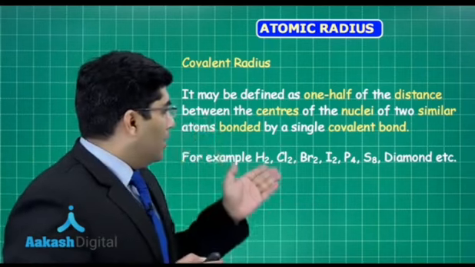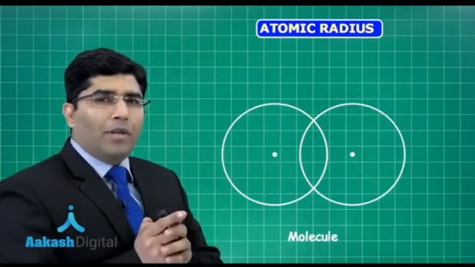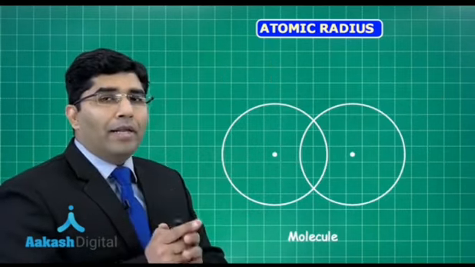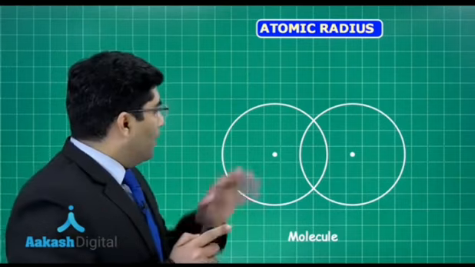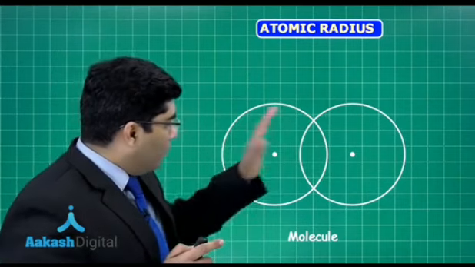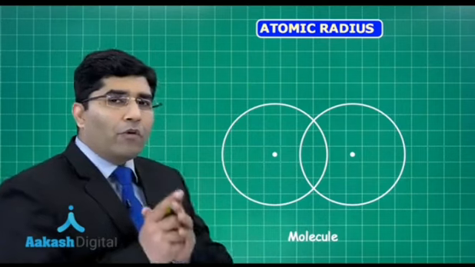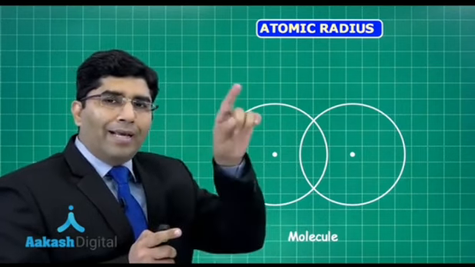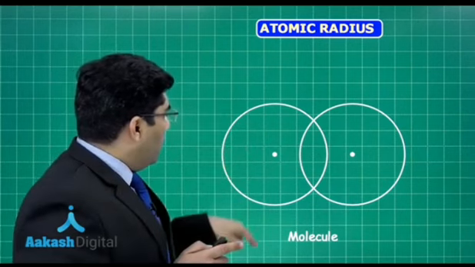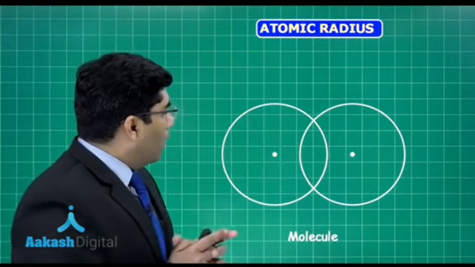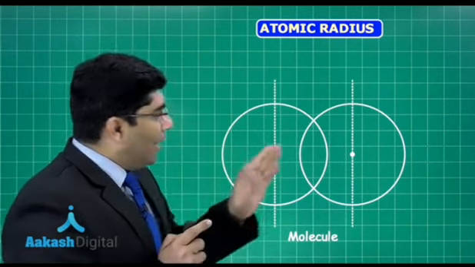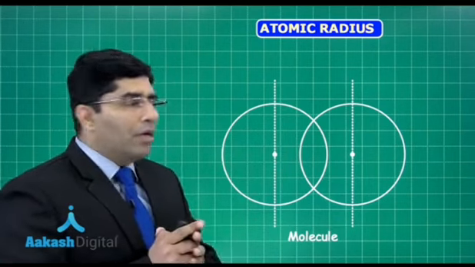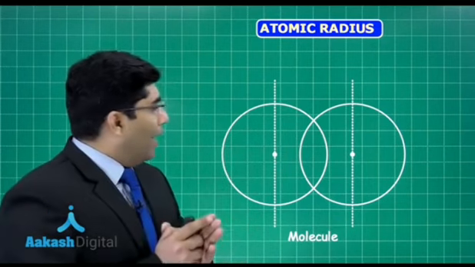Just look at this. This is a molecule. Covalently bonded atoms are there. This is one atom, this is another atom, and this is the molecule. Now what we are going to do, we are drawing lines from the nucleus of the atom. So these are the lines which are passing through the nuclei of the atoms.